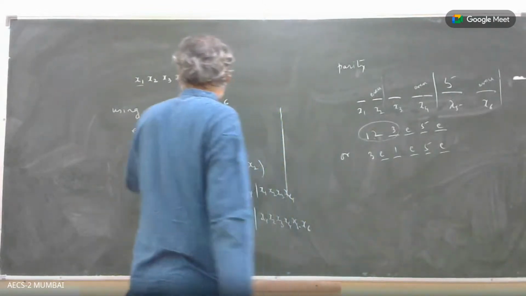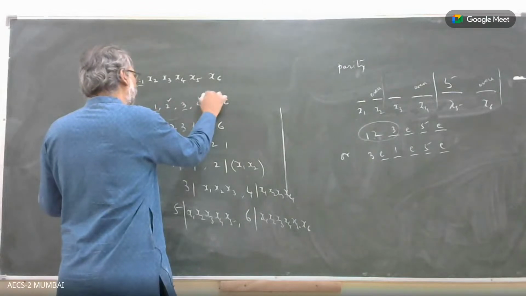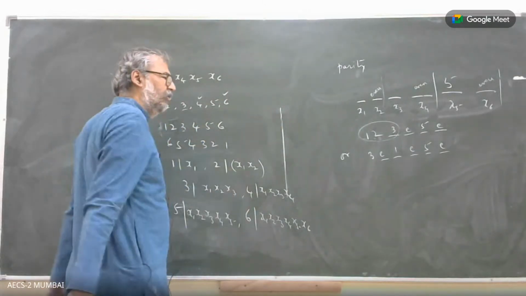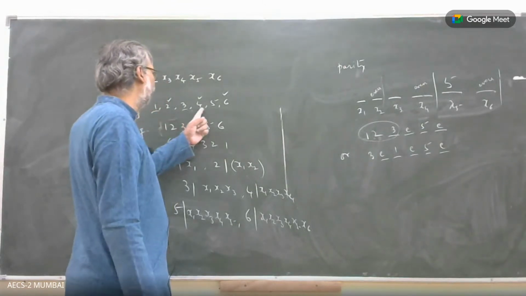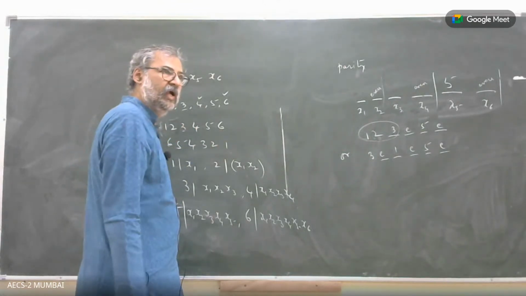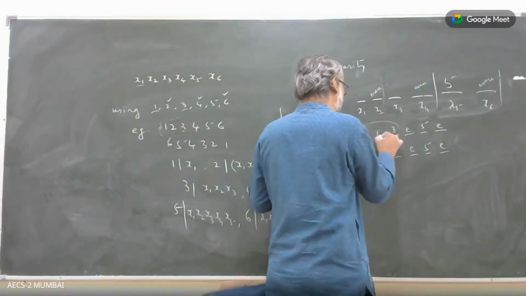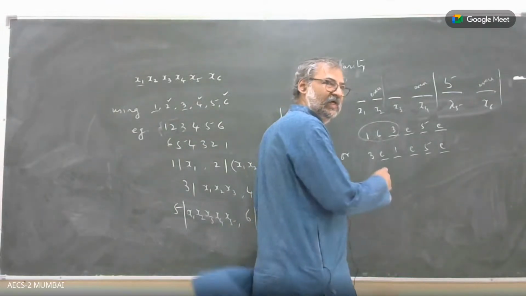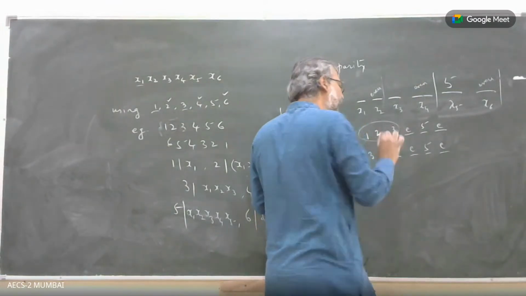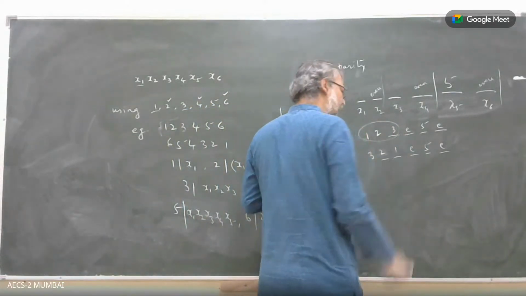Any other choice? An even number which will give me a sum of digits that is a multiple of 3. Any other choice, 4 or 6? If I put 6 here, will it work? So only one choice, 2. Same is the case here.